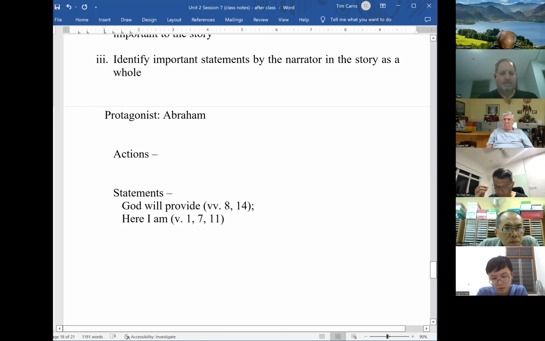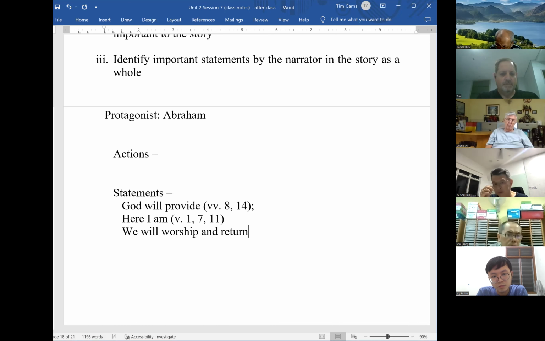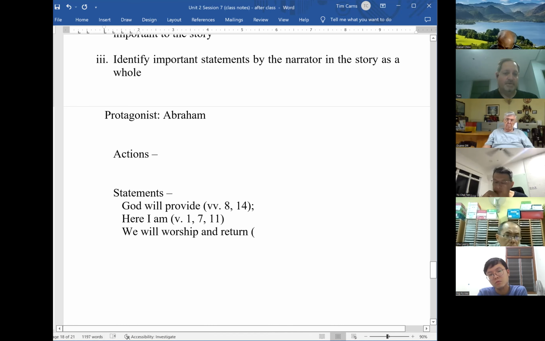I think someone had mentioned earlier too, by the way, we will worship and return. Yep. Seems significant, right? He says we will worship and we will return. That's in verse 5, indicating his expectation. And then the God will provide statement.